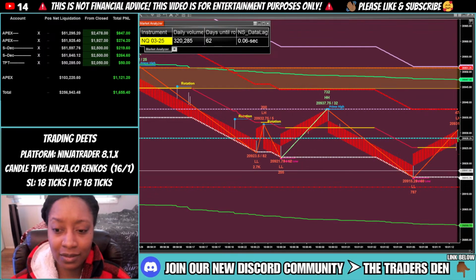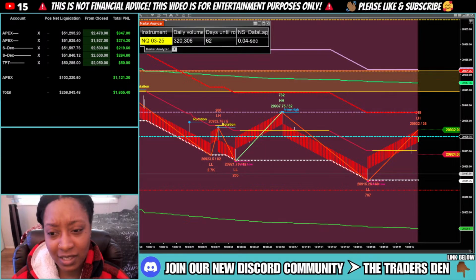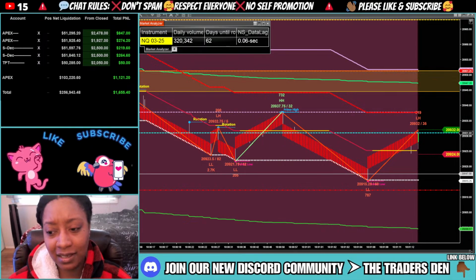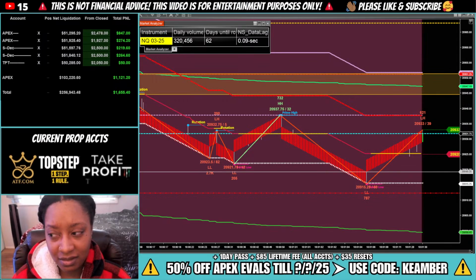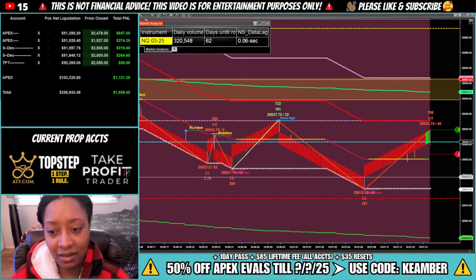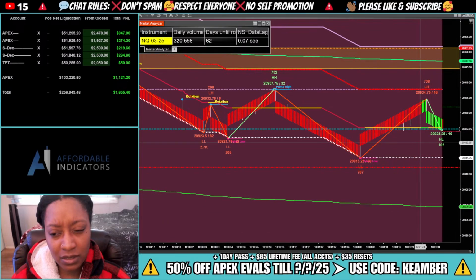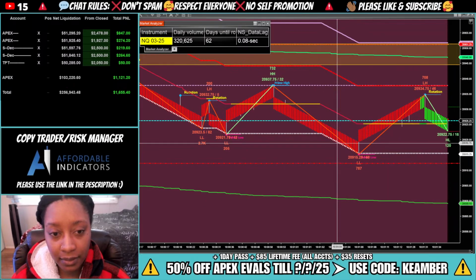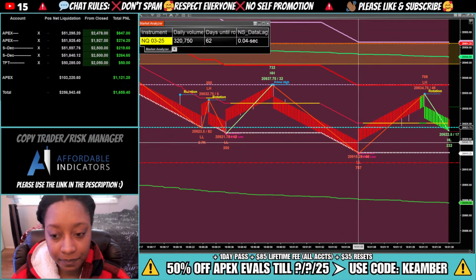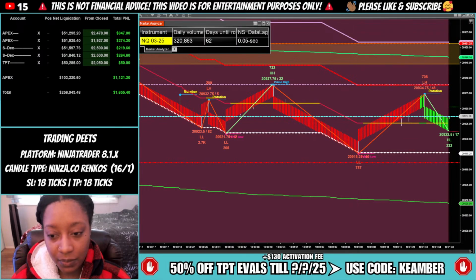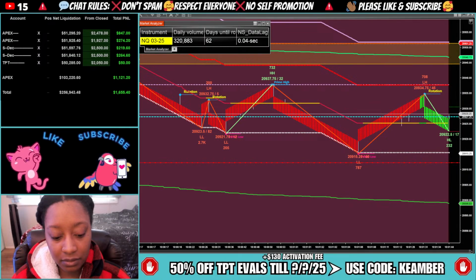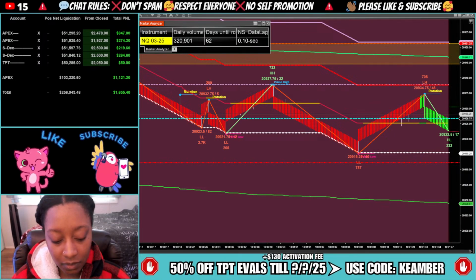I've already thought to myself that the first weak level is fine, but once you get the second and third weak levels in a row, there's no point in taking those because the trend is weakening, right? That first weak level is pretty much fine to take. But yeah, we'll see.